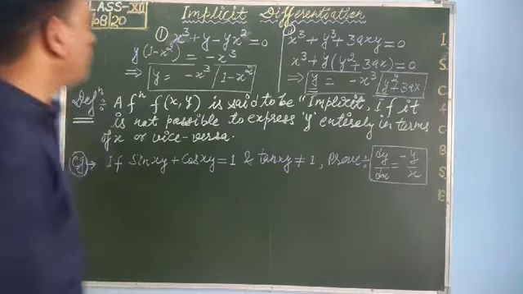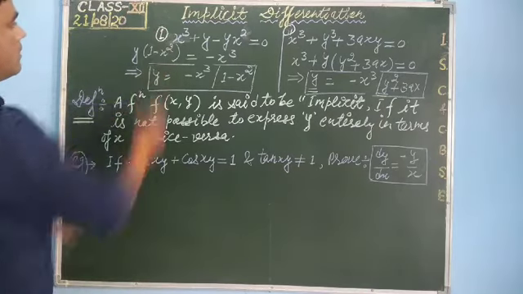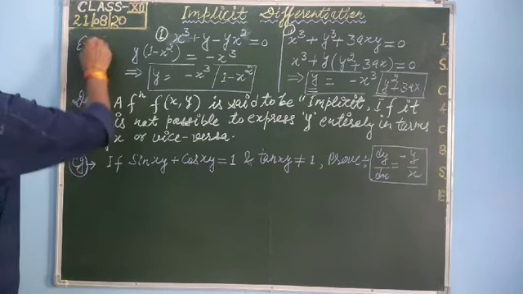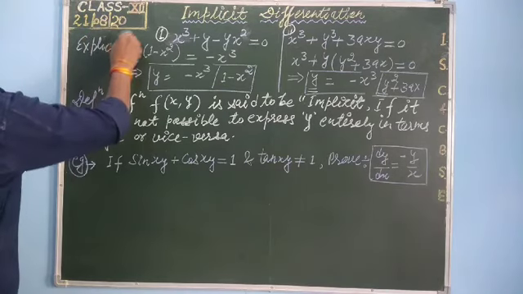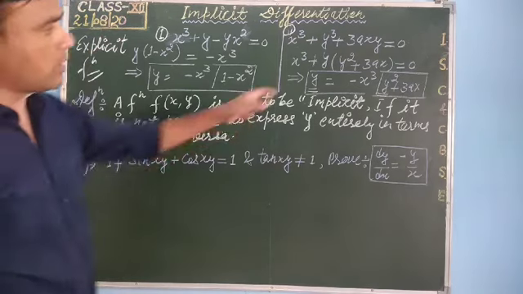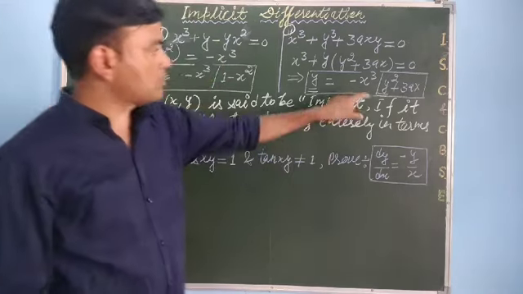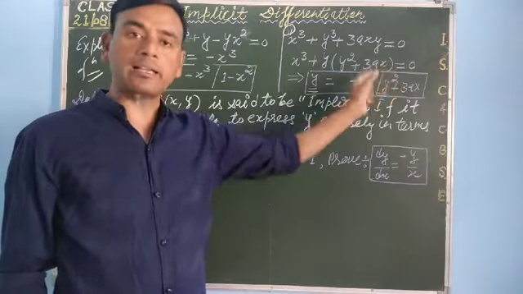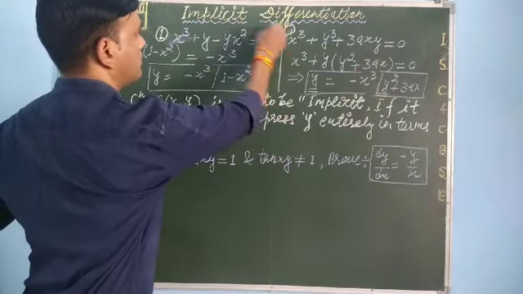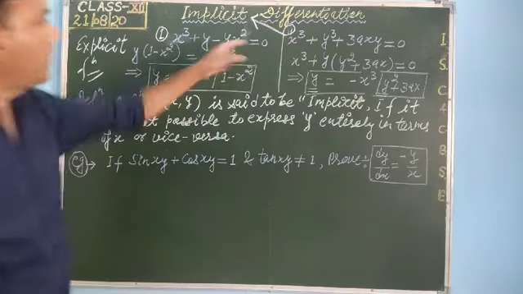Okay, so in the first case, this function is called an explicit function. And when we are not able to express y in terms of x entirely or x in terms of y, then that type of function is called an implicit function. So in the second case, this function is an implicit function.